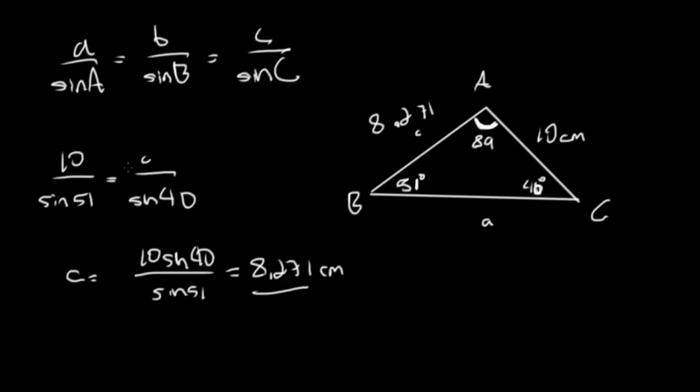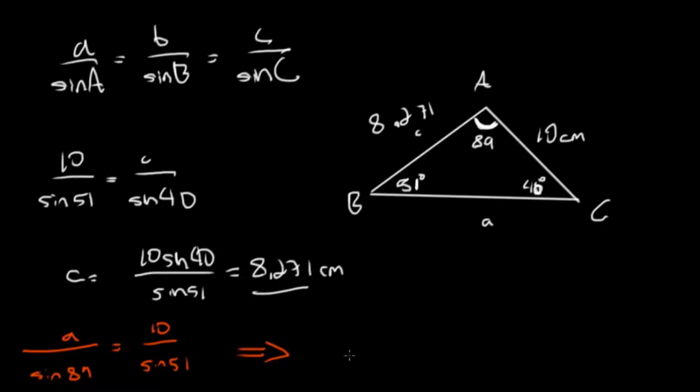Okay, cool. We just need A, which means we need to use the law of sines one last time, especially now since we have 89. A over sine 89 is equal to, I'm going to go ahead and use B since all my numbers are whole, so we got 10 over sine 51.